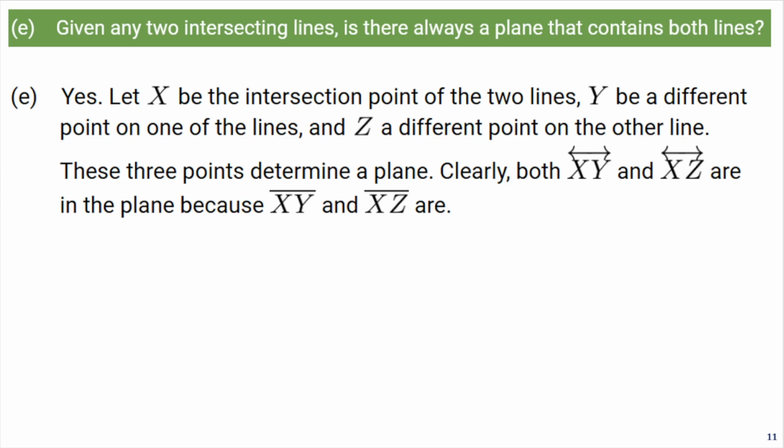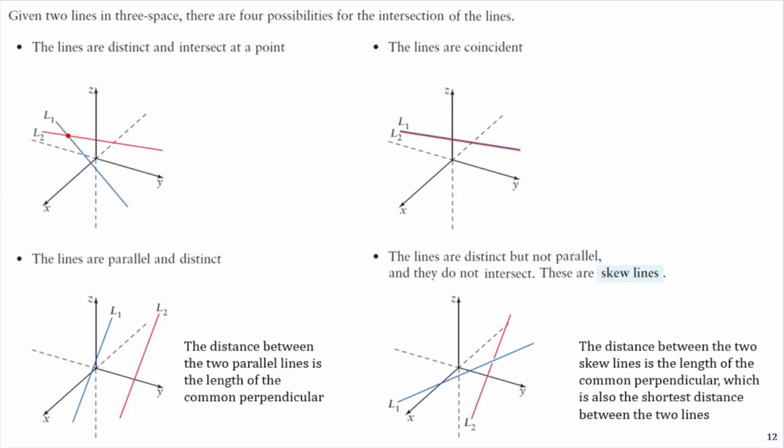Okay, so in summary, let's summarize the relationship between lines and planes in 3 space. First, the relationship between two lines in 3 space. Well, there are 4 possibilities for the intersection of the lines.